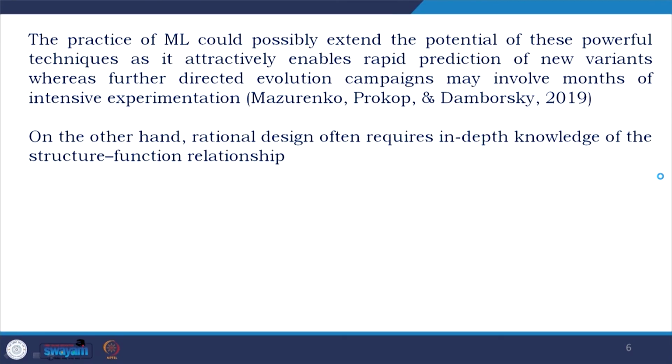On the other hand, rational design often requires in-depth knowledge of the structure function relationship. So, de novo design or especially rational design needs the fundamentals. If you do not understand the fundamentals, your basic is wrong, you are going to go in the direction towards failure.